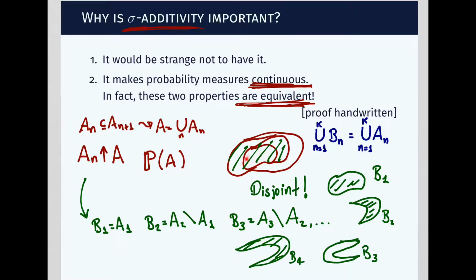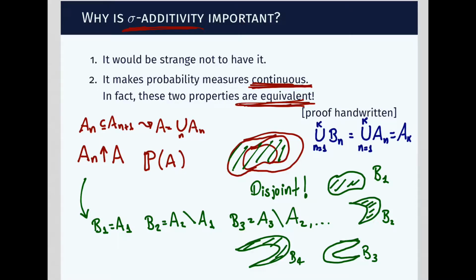So this will be the event A1, and here's the event A2 that is maybe just slightly larger than A1, and so on. But what matters is for every fixed K, the union of the first K events in this sequence down here coincides with the union of the first K events of this sequence up here. And this event is simply A_K, the last one in the sequence here.